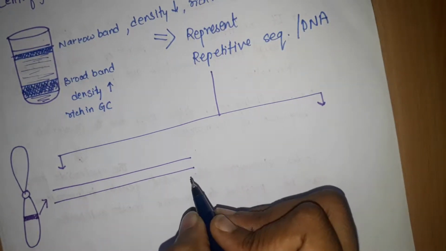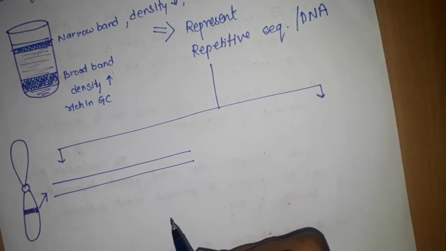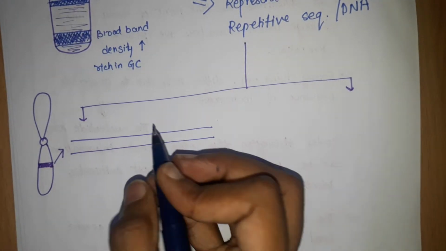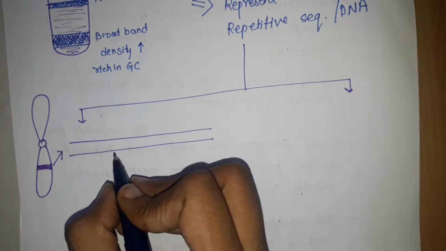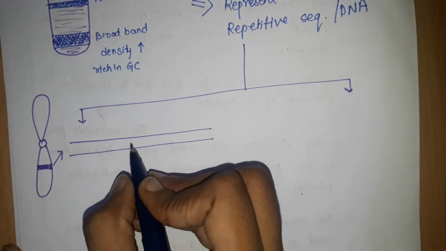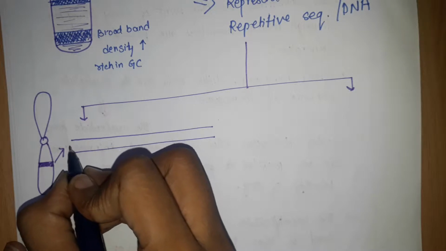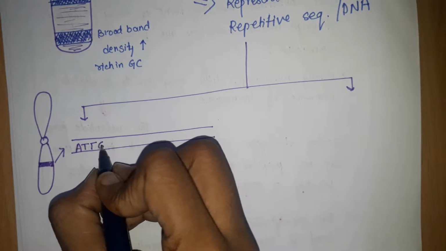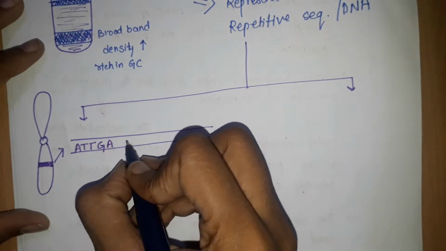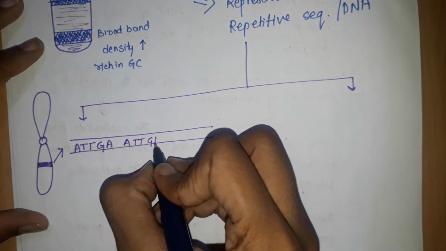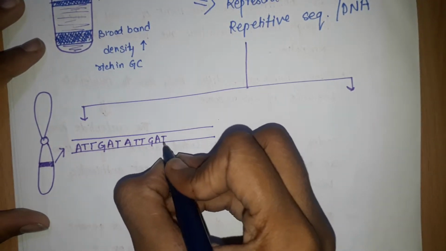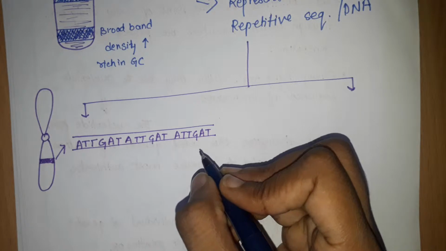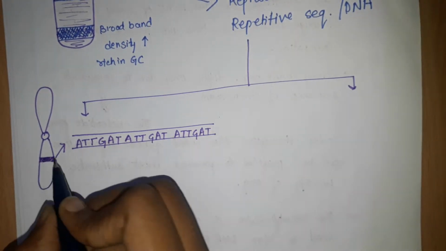DNA is a double stranded structure, but here I am drawing only a single strand for simplicity. Let's take a sequence like A, T, T, G, A, A, T, T, G, A, A, T, T, G, A, T.